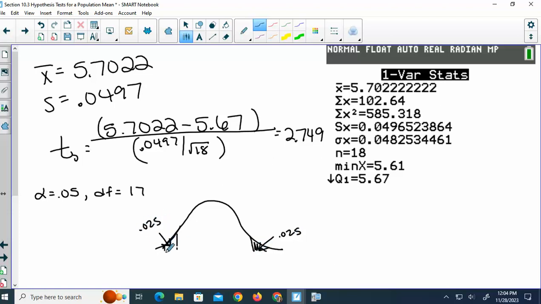So you'd have to go to your table and look up 0.025, 17 degrees of freedom. And we get plus or minus 2.11.